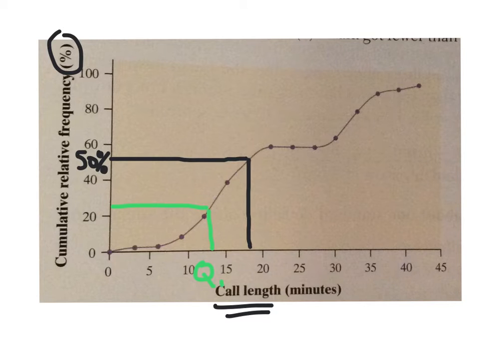Well, that's at the 75th percentile. So that might be up here, and down, and we say, somewhere around 34 minutes. So for Q3, which is at the 75th percentile, what does that mean? Well, 75% of all the phone calls were less than, say, 34 minutes. Okay, I hope that helps. Let's go to the next thing.